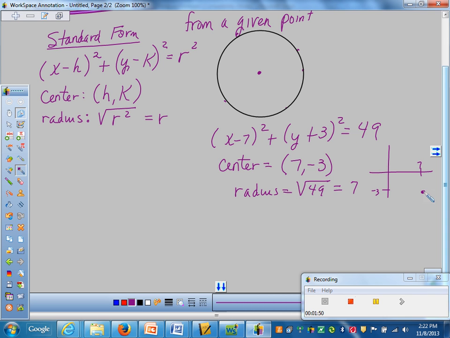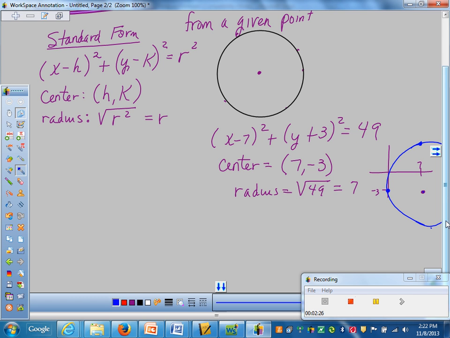So counting 7 to the left, I would be sitting right here on the axis. 7 up is going to be up above somewhere. I'm going to run out of room, but I would get a circle out here somewhere. I'm going off the screen, but my circle would come around. You just count 7 boxes every direction, and you would have a circle. So not a major event.